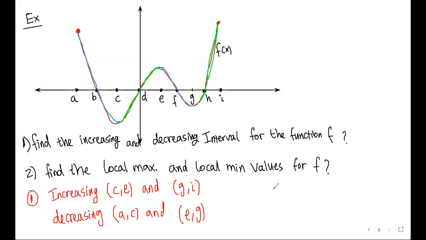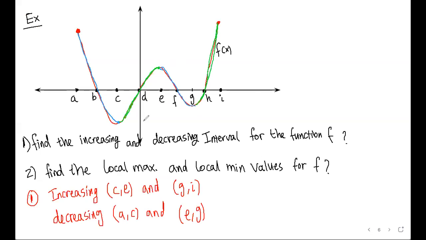So for the second one here, number 2, at x equals C, this point, has a local minimum, and also at x equal G has a local minimum.